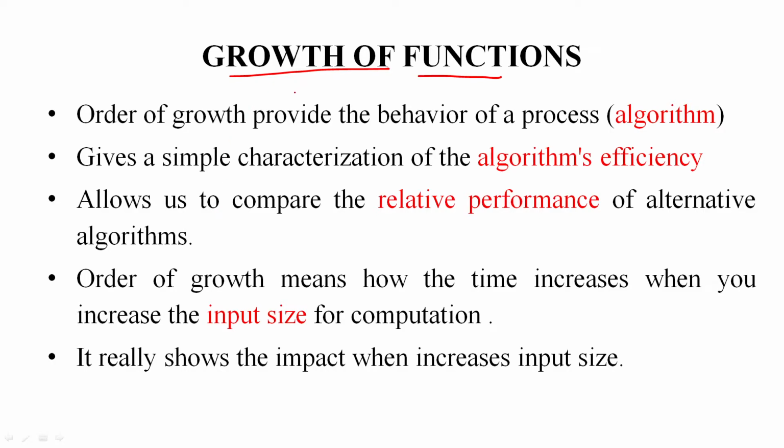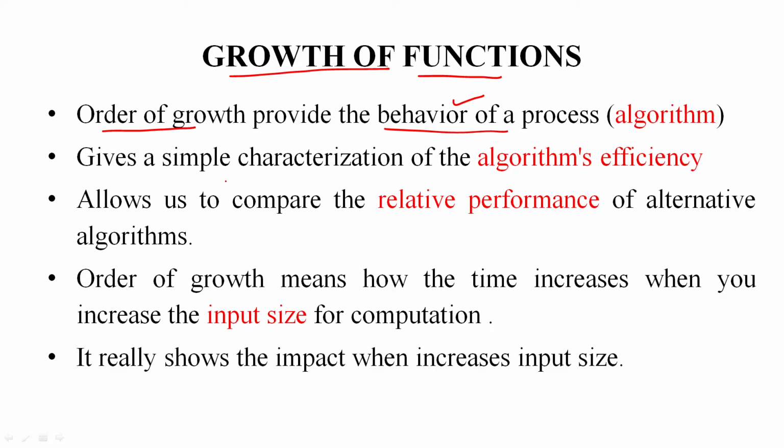So how that function is growing when the input of the given algorithm is varying. The order of growth provides the behavior of an algorithm, how it is behaving, how many steps it has, how many operations it has. So that is the behavior of an algorithm.